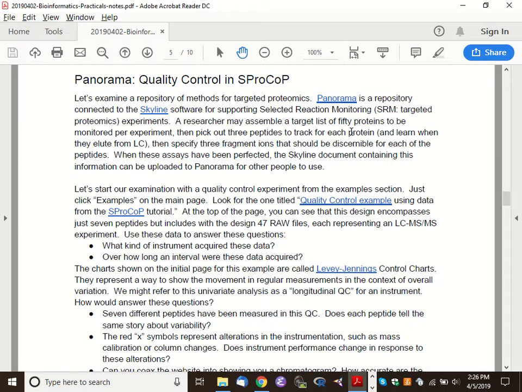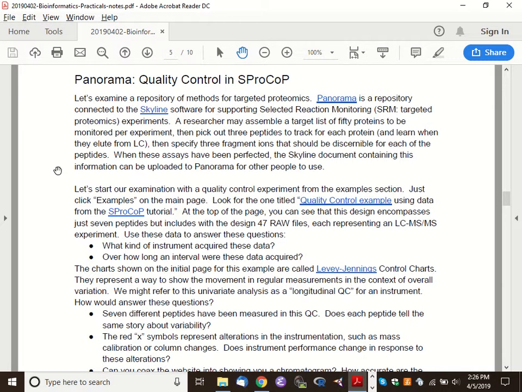Okay, so that's the general aspect of one of these targeted experiments, and a lot of that gets captured when you create a Skyline document. If you publish a study with Skyline, it's very kind of you to include the Skyline document in a repository like Panorama.